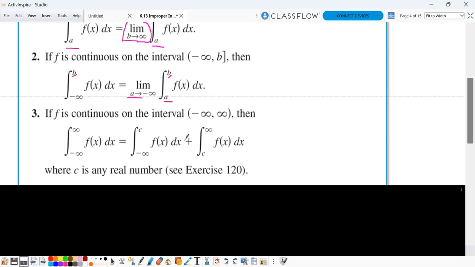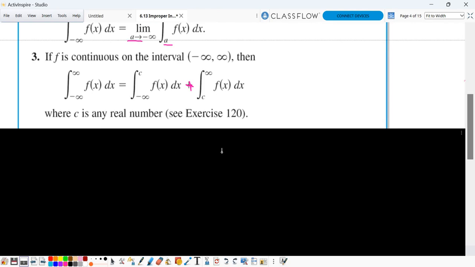Then you must split this into two intervals, negative infinity to c and c to infinity, and then use the help of 1 and 2 to evaluate the two integrals. Yes, you have to evaluate two integrals separately.